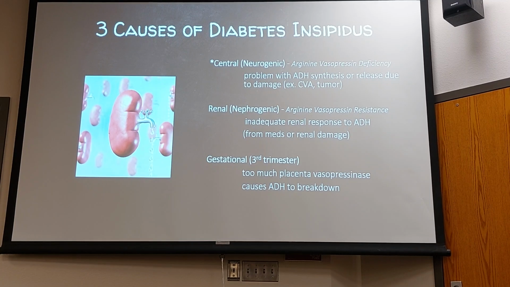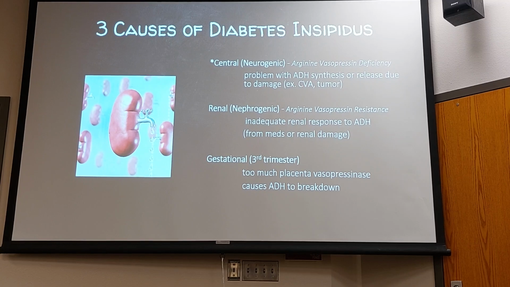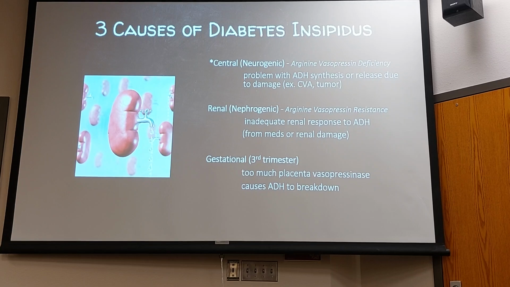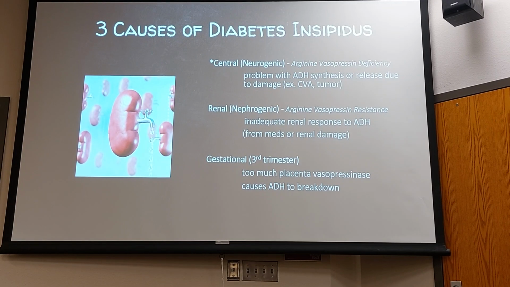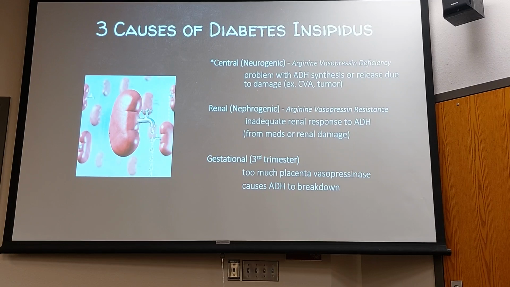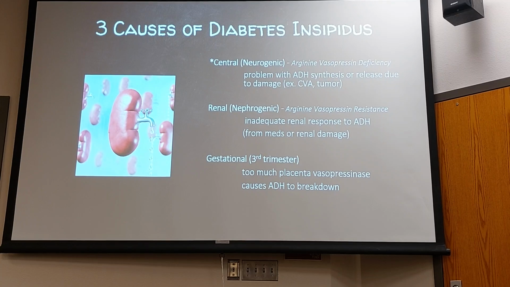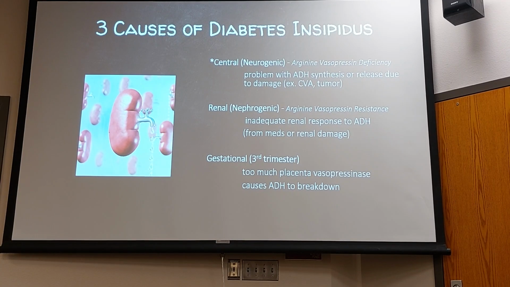But it's helpful for you to know that if it's coming from a problem in the brain, like a tumor, a problem with ADH synthesis or release, then it's a deficiency, right? But if it's the kidneys, it's a resistance to this ADH hormone, this vasopressin, right? So there are a lot of different terms to say the same thing.